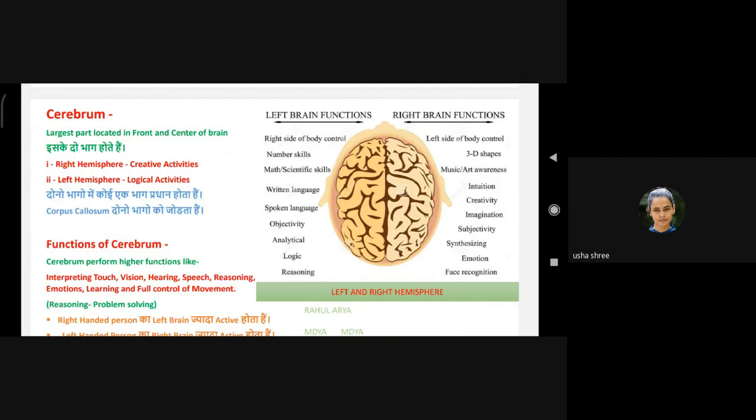Cerebrum is divided into two hemispheres, left hemisphere and right hemisphere, and the structure is very similar to a walnut. I hope you all have seen a walnut. So it is very similar to the structure of a walnut, and it has left and right hemispheres.